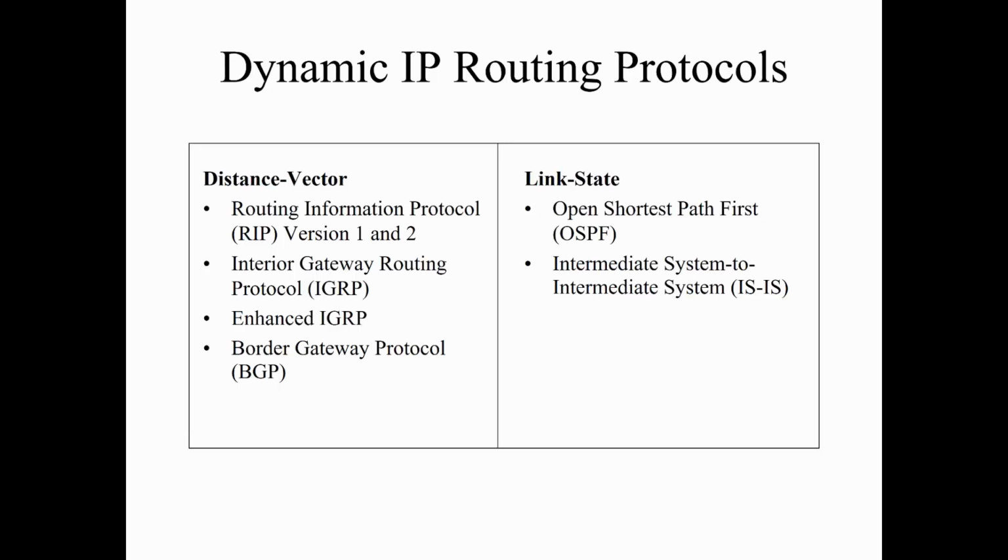Link state is going to be the common OSPF or IS-IS. Again, normally we're looking at EIGRP versus OSPF and sometimes BGP. BGP is a hybrid distance vector, but we're not going to get too much into that.